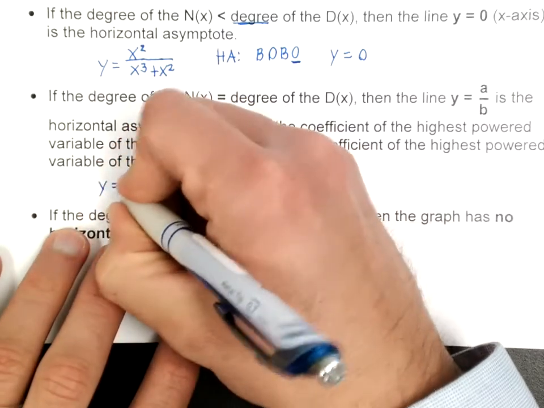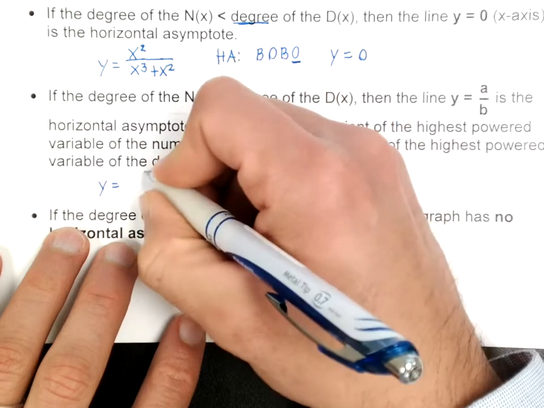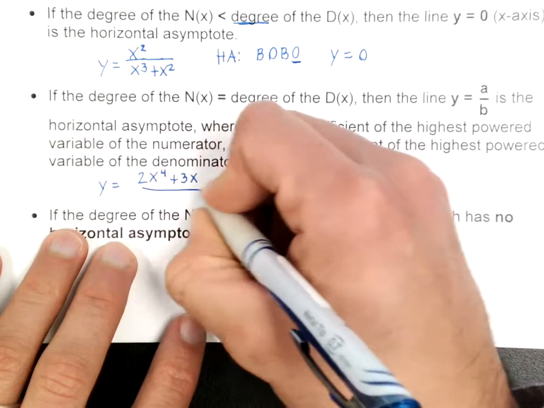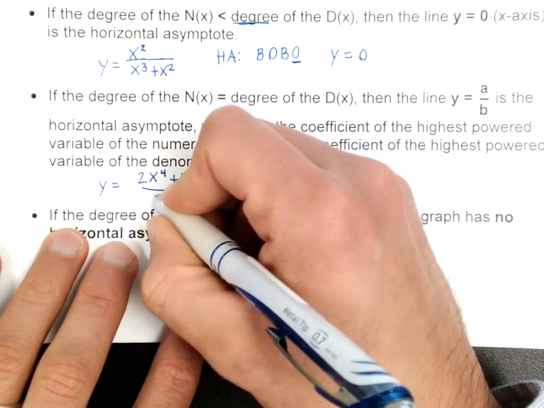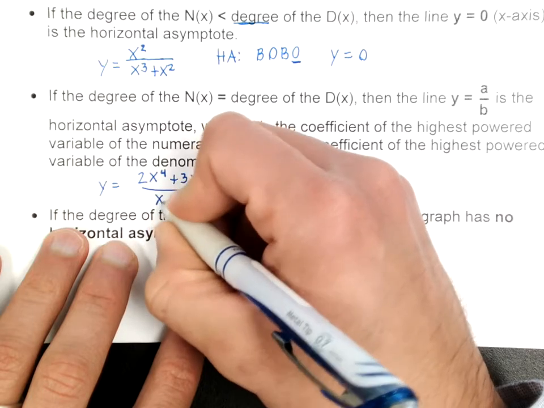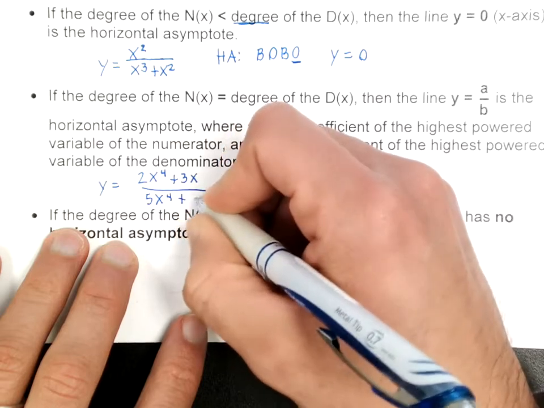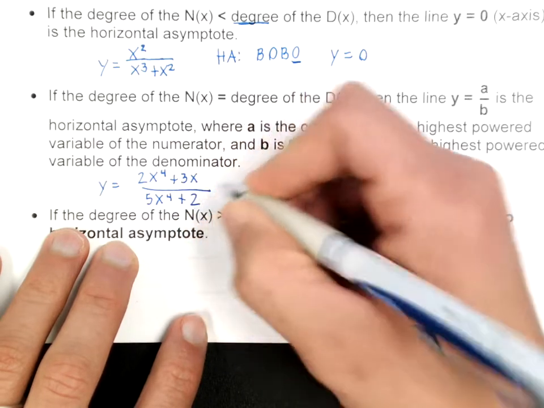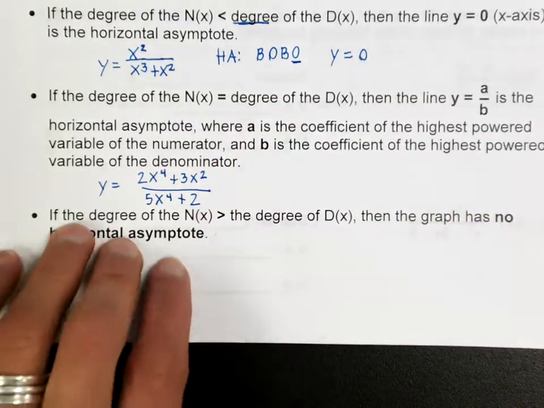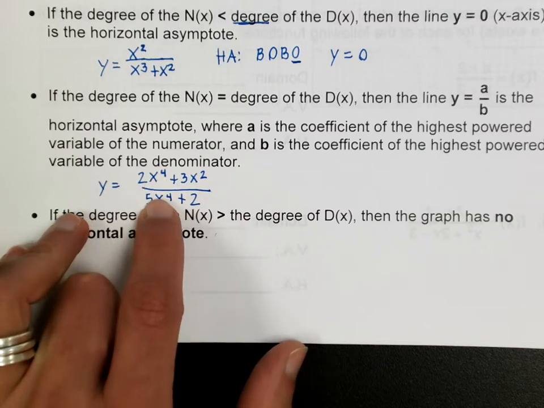Say the degree of the top was 4, and let's have a 2 here, and maybe a 3x, and let's make the bottom have a 5, something like that. We'll make this a square, just for fun. But remember, you have to look for the biggest power, so the degree of the top is 4, the degree of the bottom is 4.